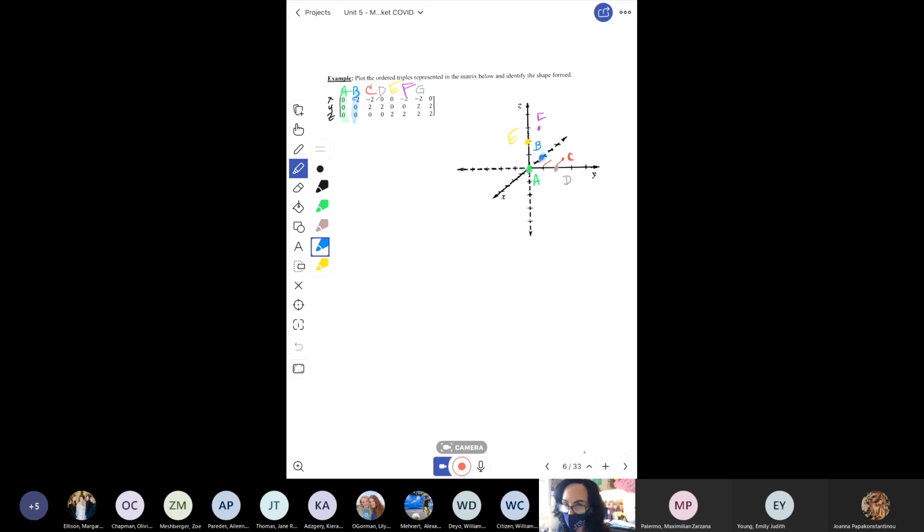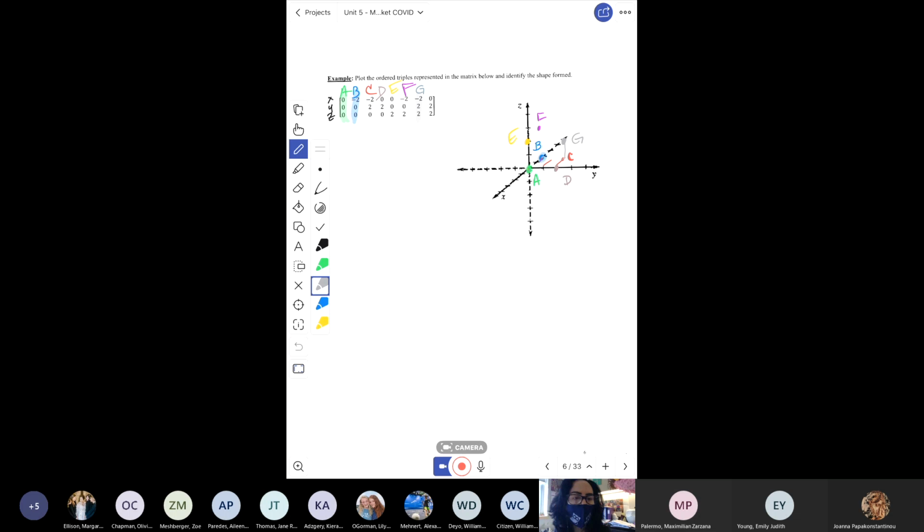Each row represents the X values, the Y values, and the Z values. Are you with me? So I'm up to point F. I just finished plotting point F. Now I'm going to plot point G. So point G is telling me to go back 2 in the negative x direction, plus 2 in the y direction, and up 2 in the z direction. So that's G.